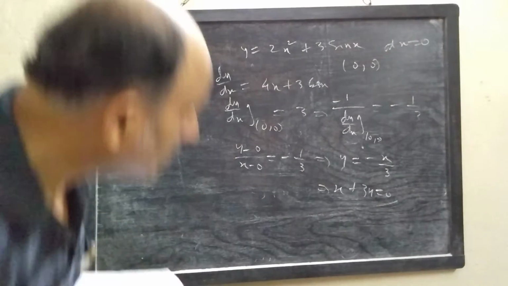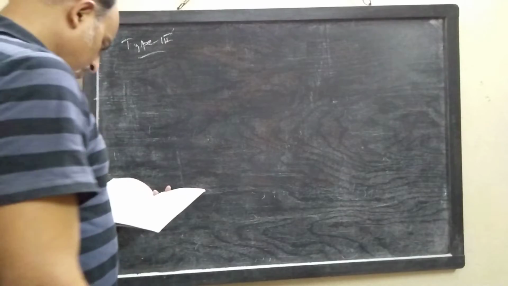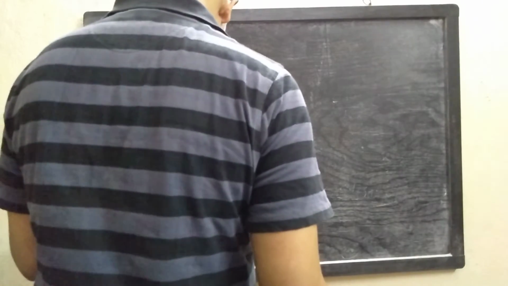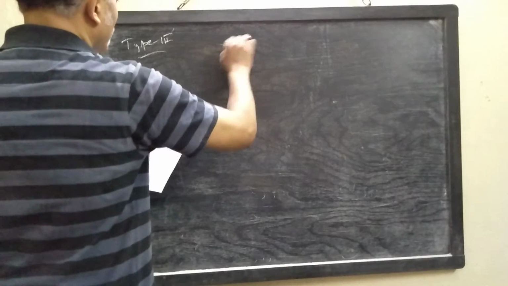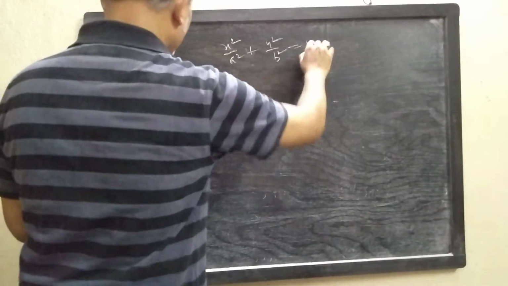Next, let us find equations of tangents to some standard curves at parametric points on those curves. So let us first consider the ellipse x square by a square plus y square by b square equals 1.